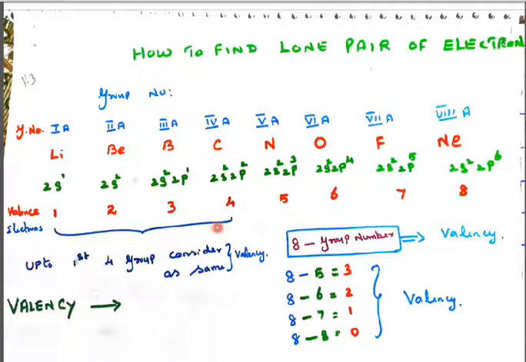For groups 1 to 4, it is considered as valency; there is no change between the valency and valence electron in the first, second, third and fourth groups. But in the case of the fifth, 8 minus 5 is 3, that is the valency of the nitrogen family. 8 minus 6 is 2, the valency of the oxygen family. 8 minus 7 is 1, the valency of the halogen family. 8 minus 8 is 0, the valency of the noble gases. So this chart is easy to remember.